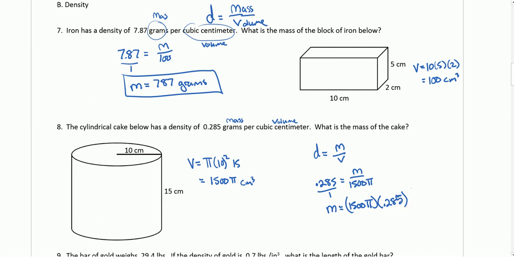So 1500 times 0.285 is 427.5 times pi. If you multiply that times pi, you end up with 1343. We're rounding here, roughly 1343, and we're looking at grams here.